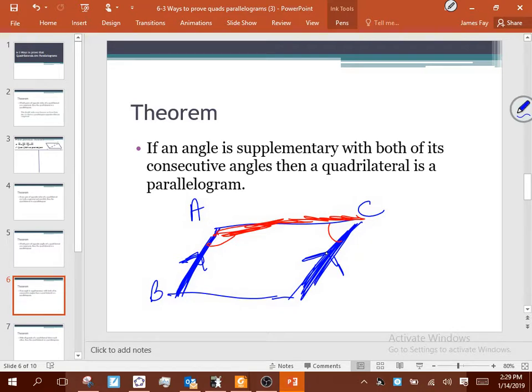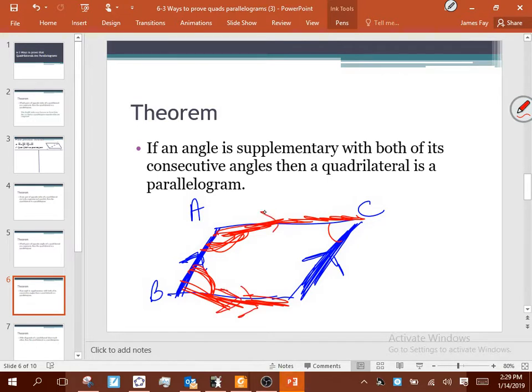Well, we need both pairs of opposite sides to be parallel, right? So then what we do is look at this solid red line and this solid red line, and now AB is my transversal. If AB is my transversal, isn't that angle there, which is consecutive to that one, if those are supplementary, what's it tell me about the red lines? They are parallel.